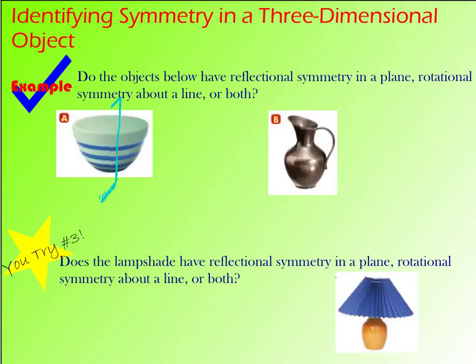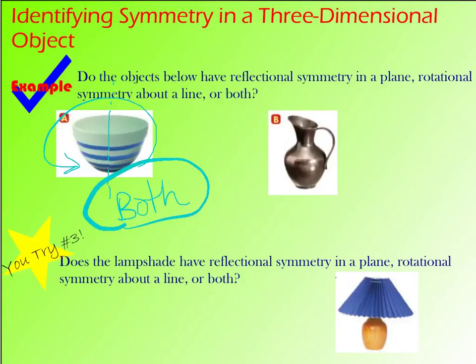In terms of rotational symmetry, I could take my pencil and I could stick my pencil up through the very bottom of the bowl, and then I could spin my bowl around that pencil, and it would always be looking the same. So I believe this has both reflectional and rotational symmetry. Now this picture is a little bit more complex, right?